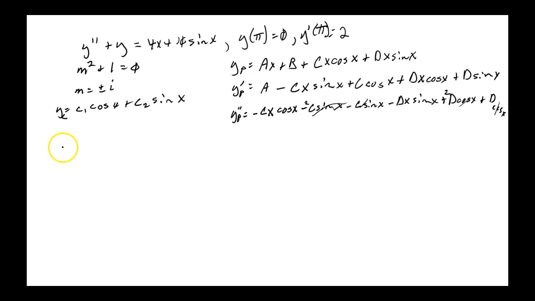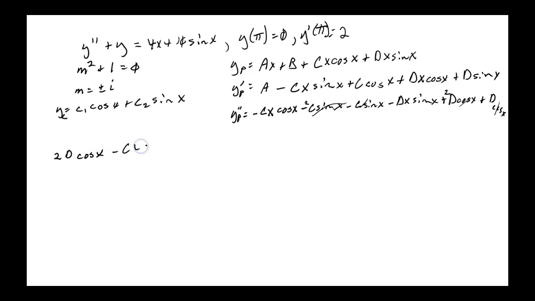Do you mind if I start with the positives? The only positive I see is the 2d cosine x. Now, you want to do decreasing order of your x's, like we did last time?